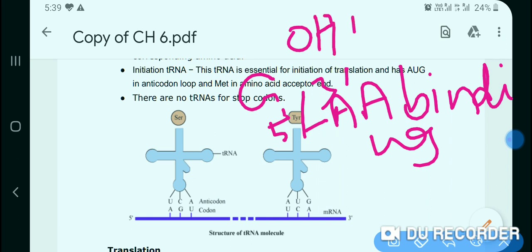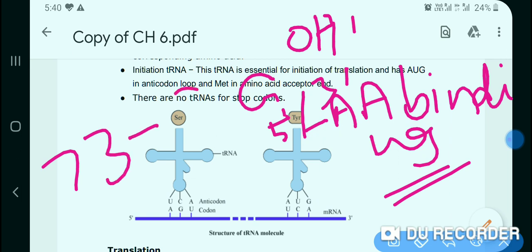You know that nucleotides have a hydroxyl group on the free end. One more fact you have to know: transfer RNA is the smallest RNA. It is made up of 33 to 93 nitrogenous bases.